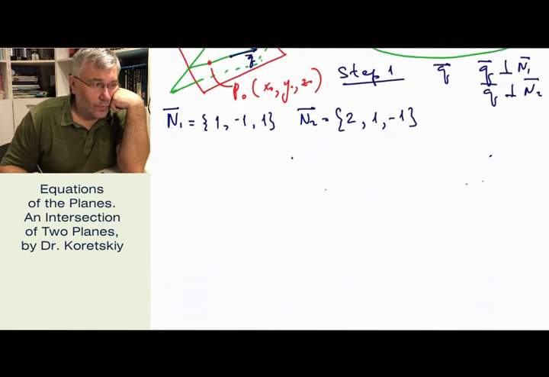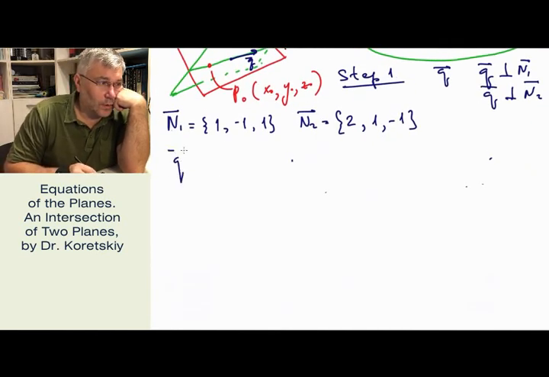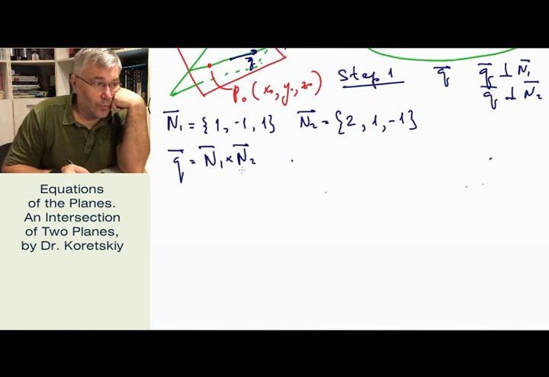And vector q equals the cross product. You remember that the cross product gives a vector perpendicular to both of the multiplied vectors, and it can be calculated through the determinant rule: i, j, k, the first row 1, minus 1, 1, and the second row 2, 1, minus 1.